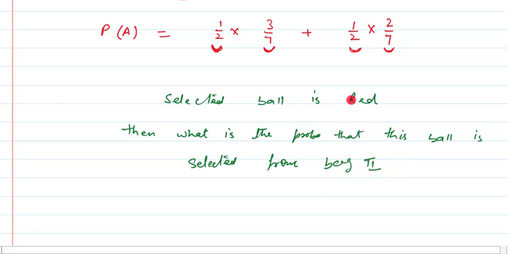This situation is calculated using reverse probability. The reverse probability formula for such a situation is given by Bayes, and therefore this formula, or theorem, is known as Bayes theorem.